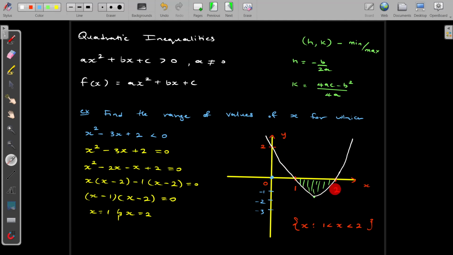So when we construct the graph, we're looking for the piece of the graph where all of the x values we substitute in this function is going to give us a negative y value, a value that is less than 0. So all the values down here would satisfy that condition. So if we take any x value below here and substitute in this, we're going to get a negative y value. So a point that would appear here would be 1.5, right? 1.5 would be in this range. You can see that.